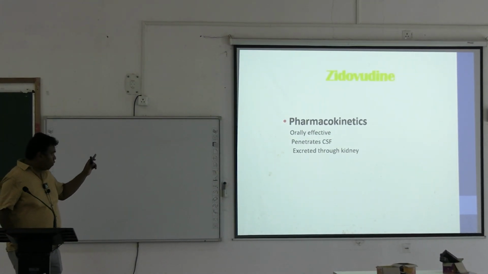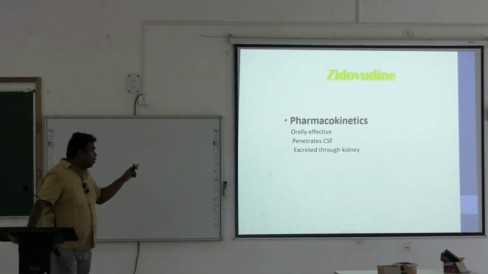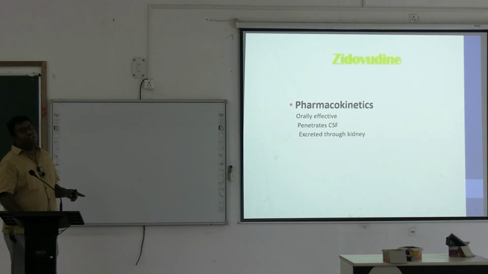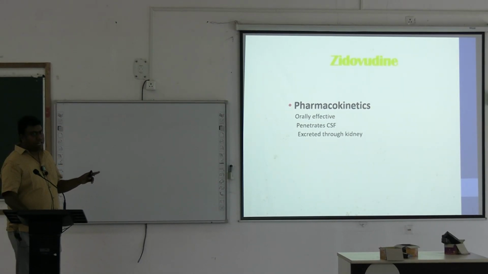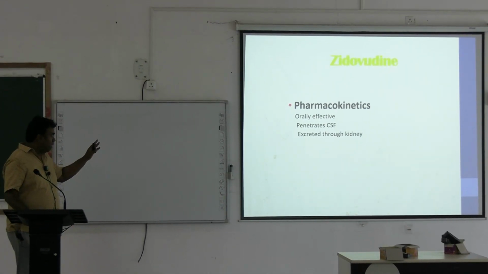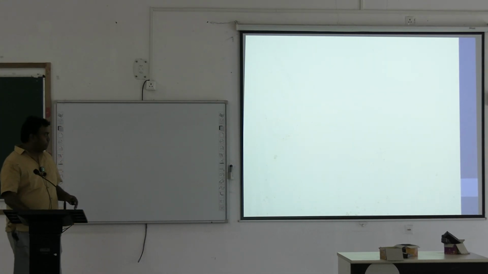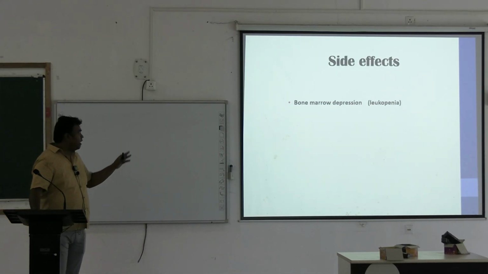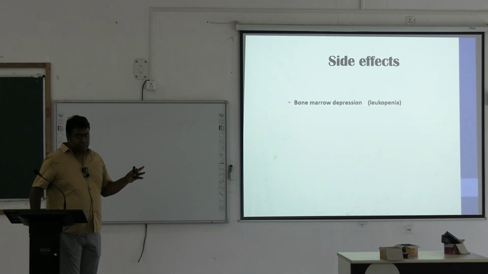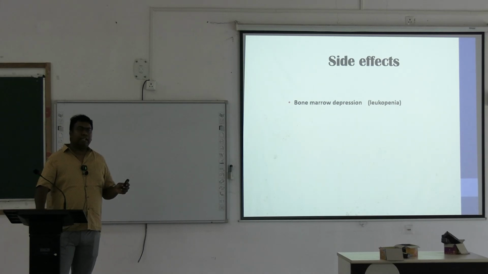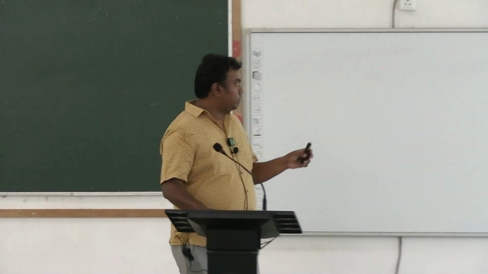Zidovudine is orally effective, can also penetrate the CSF, and is primarily excreted through the kidney. Pharmacokinetics: orally taken, penetrates the CSF and excreted through the kidney. Side effect: bone marrow depression. What other drugs have bone marrow depression as a side effect? Name some other drugs. Okay. Then headache, nausea, anorexia, myopathy and fatigue.